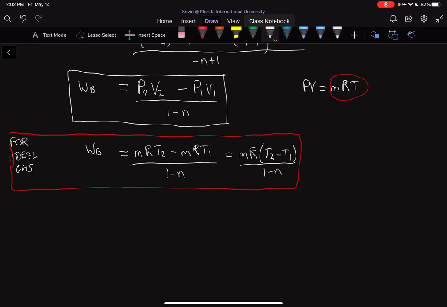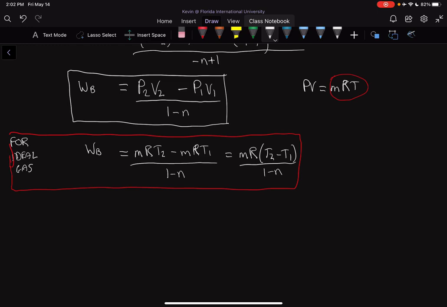If n is equal to 1, we have a problem, right? Our 1 minus n becomes 0, and you cannot divide by 0, so you cannot find the work boundary if n is equal to 1. So we actually have to redo the process if n is equal to 1.